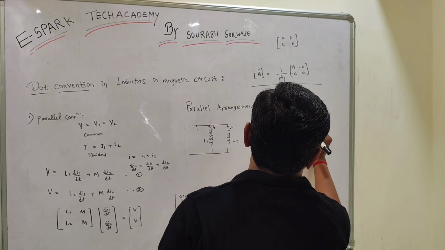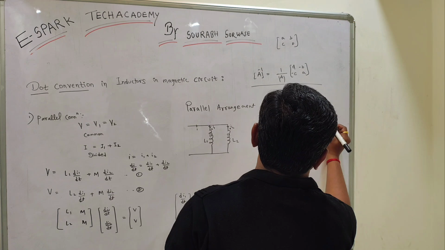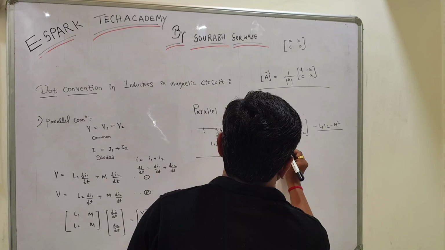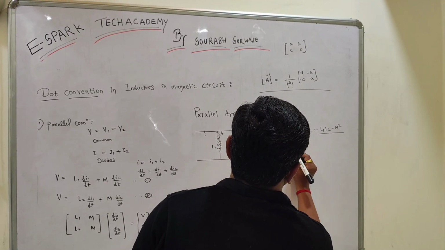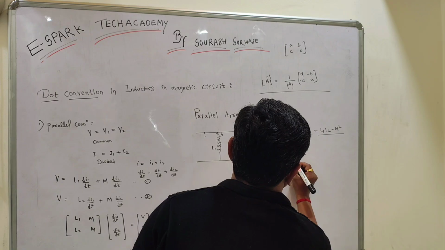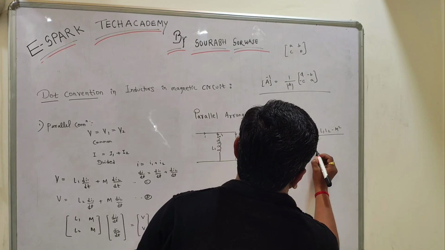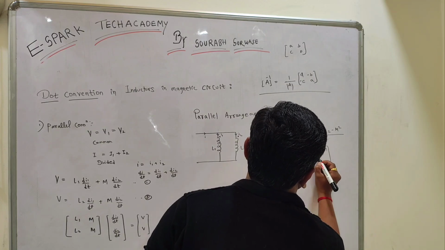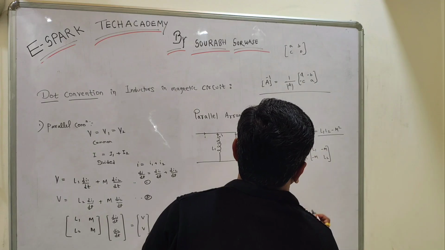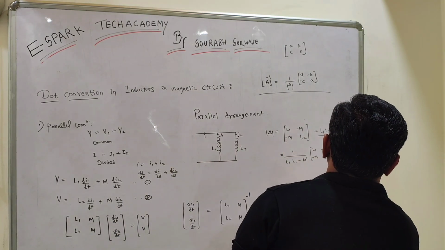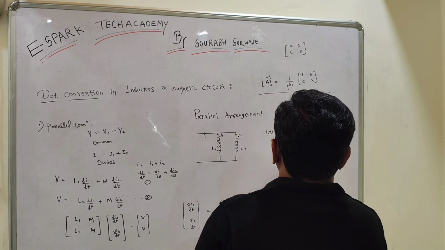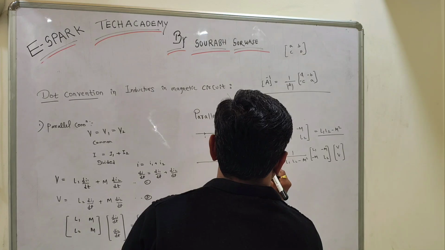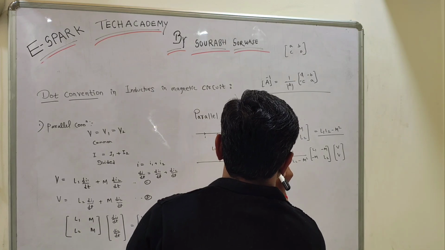The determinant of this will be L1 into L2 minus M square, and the equation will look like 1 upon L1 L2 minus M square times the matrix L1, minus M, L2, and here the V will be present in this equation. Here this is di1 by dt, di2 by dt.